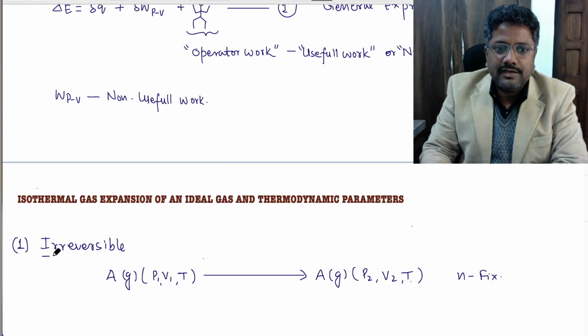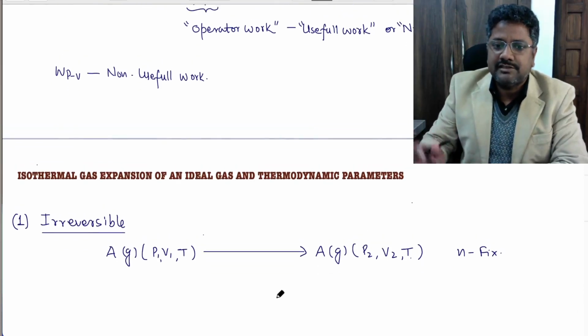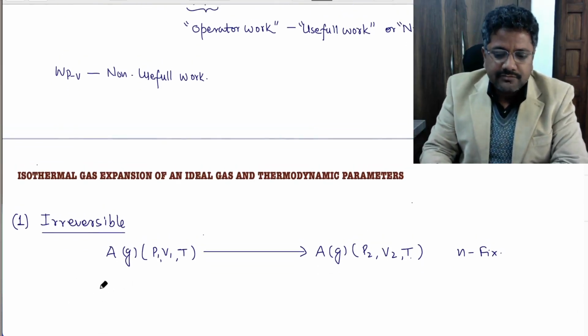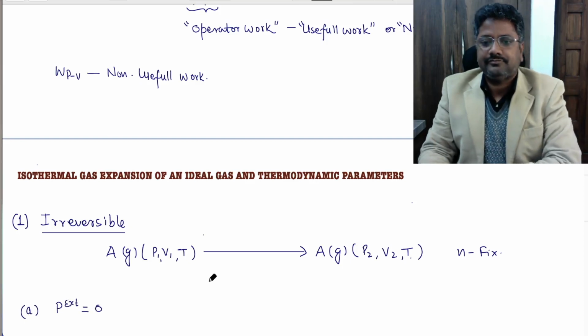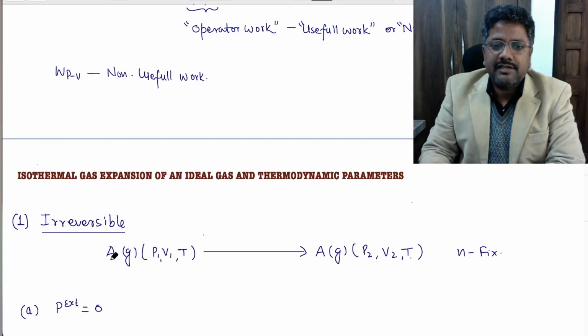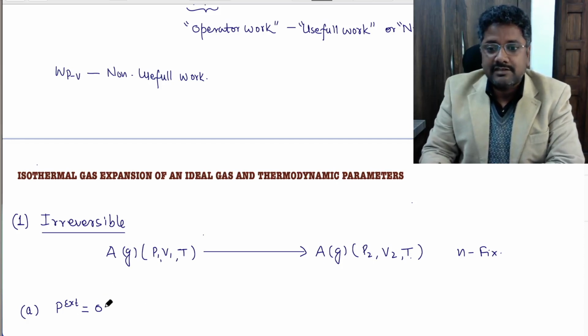So how can you achieve this irreversibility? There are many ways to achieve this state. First we can take P external as 0. Here P1 is the initial pressure of the gas, P2 is the final pressure of the gas, and some external pressure is required, otherwise there is no work.